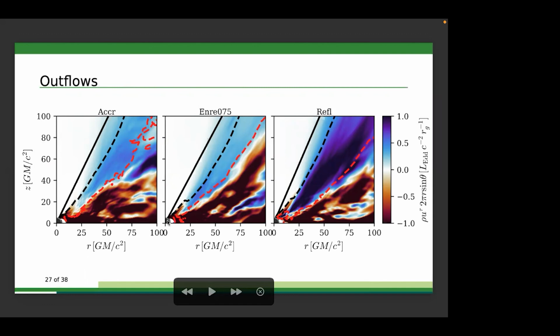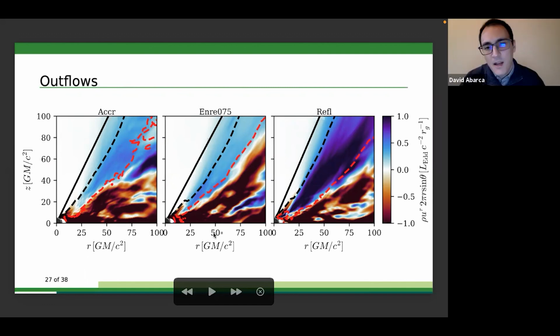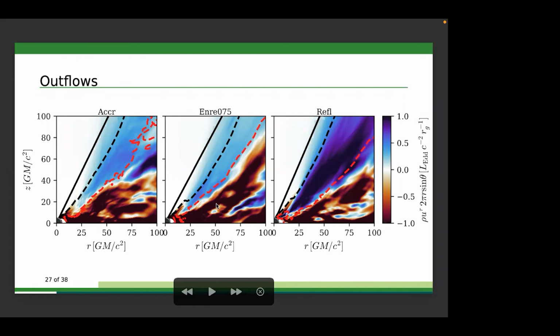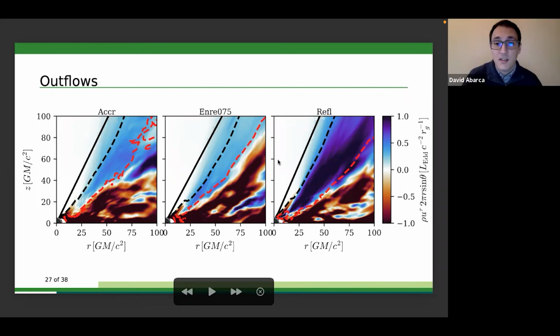So you have that really fine balance between the radius of the magnetosphere and the radius where outflows start to be launched, because these outflows don't exist forever. They truncate at some radius.